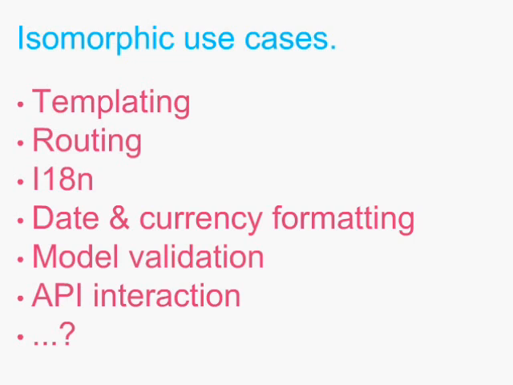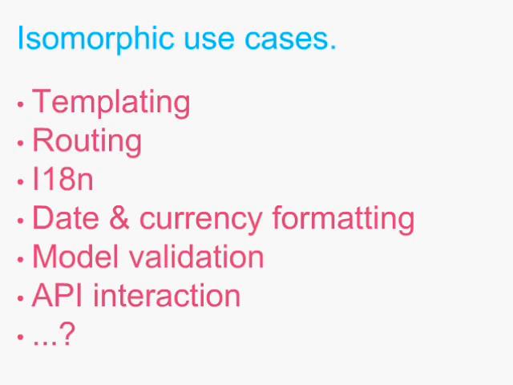Internationalization is common. You need to be able to translate strings on both sides. Date and currency formatting is a good example. Why would you want to have to duplicate your date and currency formatting code into different languages or into different ways? Model validation. For example, you could have a Backbone model, which has some validations. It might be useful to validate some data on the client or on the server.